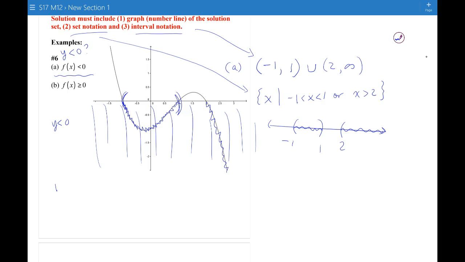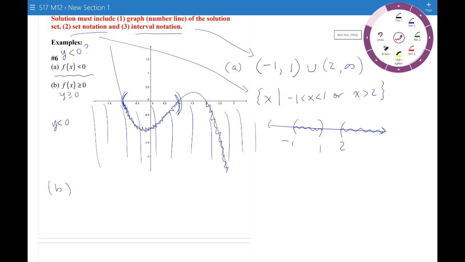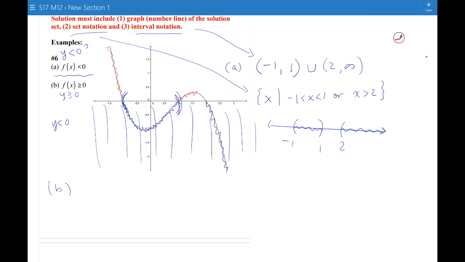So the B part says, where are the y values bigger than or equal to 0? So it must be everywhere else. So let's use a different color, and it will be this part of the graph and this part of the graph. So x from -infinity up to -1, including -1, because we have equals 0 here.